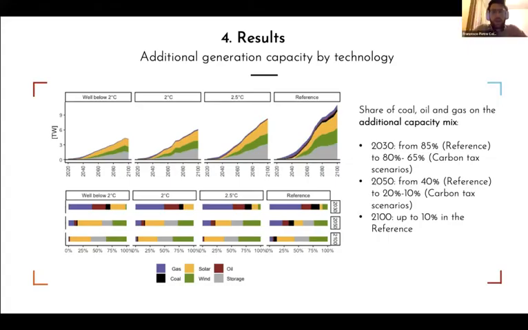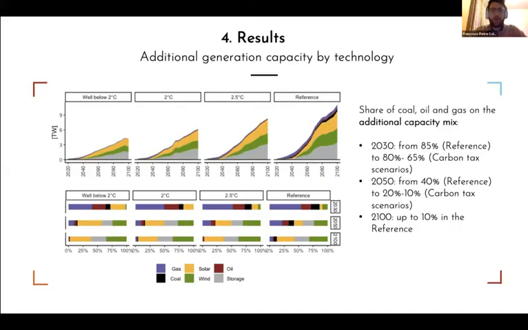Yeah. So let's say that the effects in the second half of the century in terms of renewables dwarf, in scale, the effects in the first part up to 2050. So the mix represented on the bottom is the mix only of the additional demand, but it is actually very similar to the mix of the overall power sector.